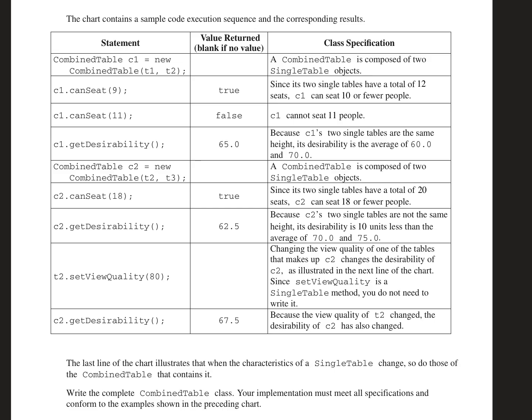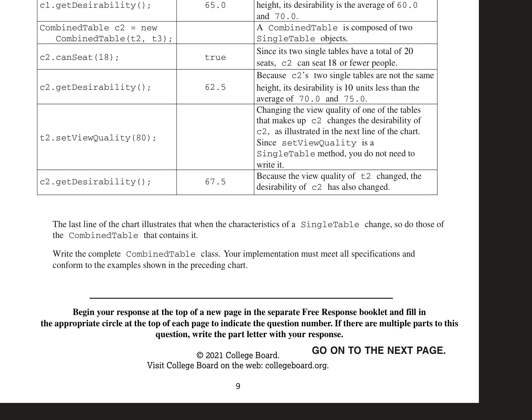So we want to write the combined table class, and it has to work exactly for this. So first thing we notice is that our combined table is composed of 2 single tables. So our class header will be public class combined table.